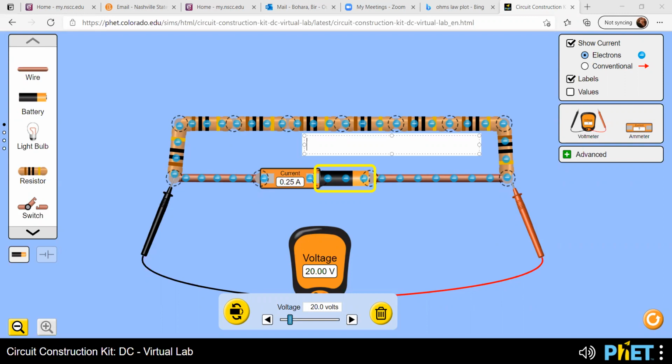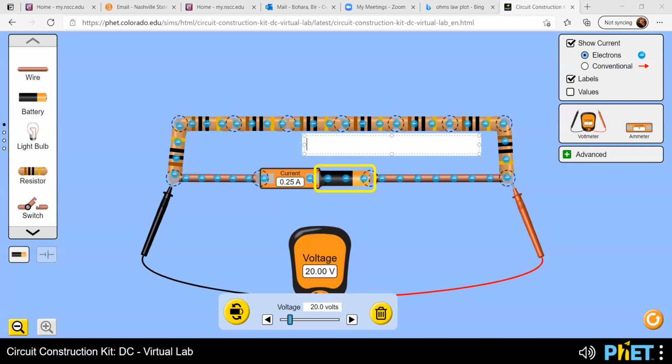Current is 0.25, right? So you don't have to calculate here, but if you calculate, 20 divided by 0.25 gives you 80, which is correct. It means we are doing correct. Okay.